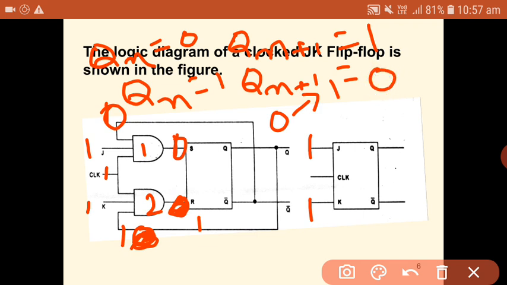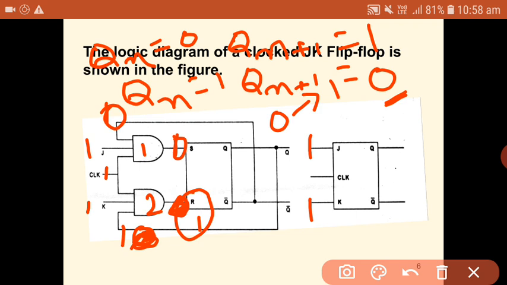That means R is equal to 1 means you are resetting the flip flop, that means making the output equal to 0. That means when its previous output Qn is equal to 0, then the present output Qn+1 is equal to 1 you are getting. And when the previous output Qn is equal to 1, then you are getting the present output as 0.